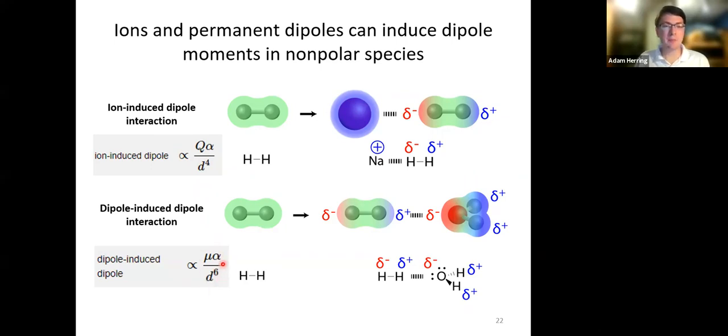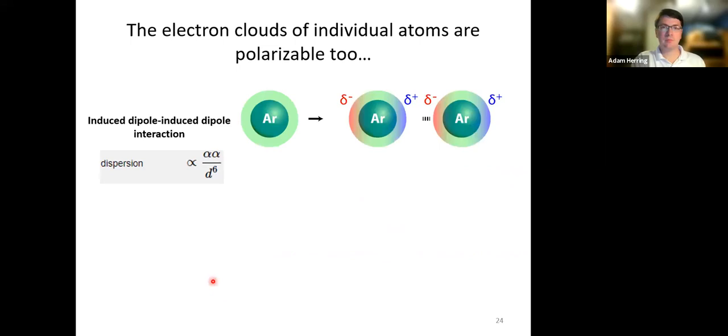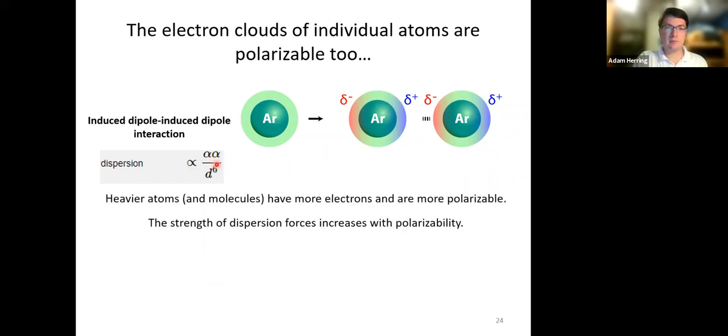So what we see is that the dipole-induced dipole is going to be a lot weaker than ion-induced dipoles. Finally, looking back at our induced dipole, we see that this is dependent upon the polarizability of those molecules and the distance between them. And so these interactions are going to be very, very weak.